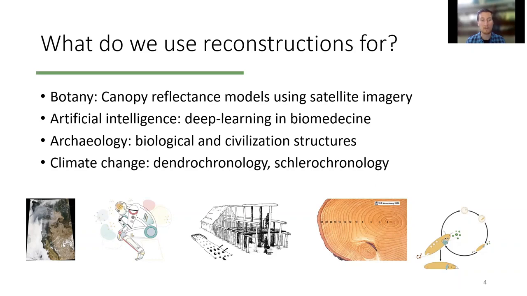For example, in botany, we can use satellite imagery in canopy reflectance models to reconstruct some morphological characteristics of forests. Or in artificial intelligence, deep learning in biomedicine is a field that is in development and that is based on the concept of reconstructing deeper structures in the body.